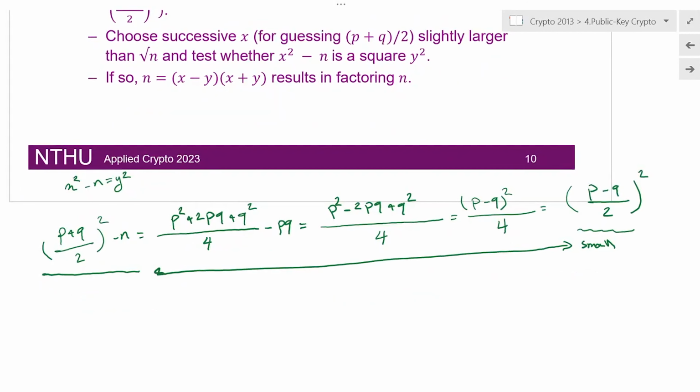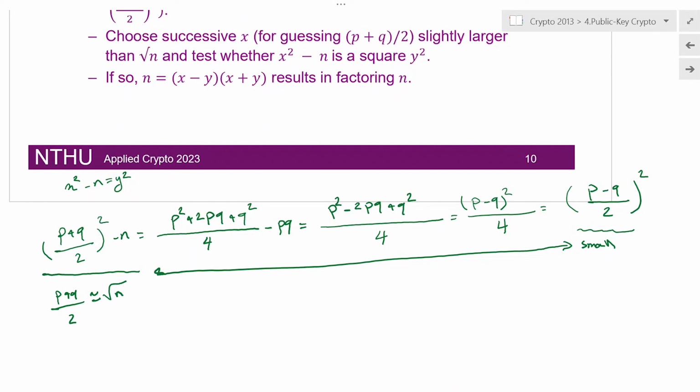So roughly speaking, p plus q over 2 should be very close to the square root of n, if I take a square root from both sides. That would be the only time it happens: if this thing is quite close to this thing, then I would have a small square over here.